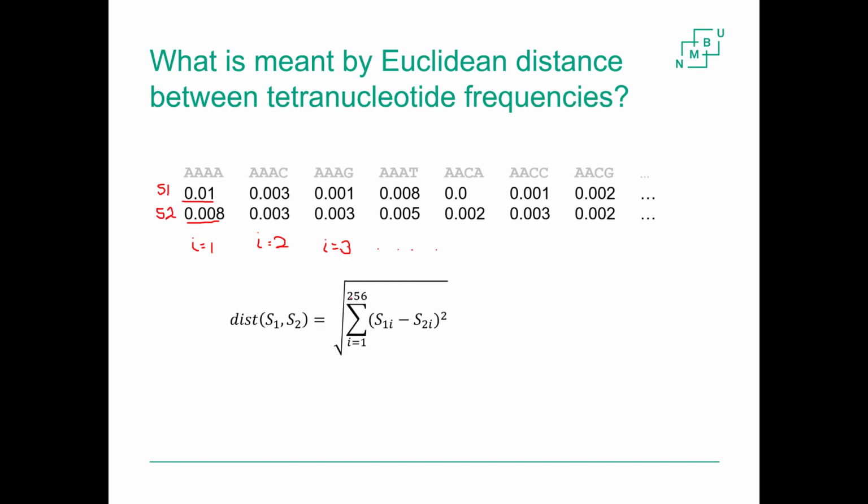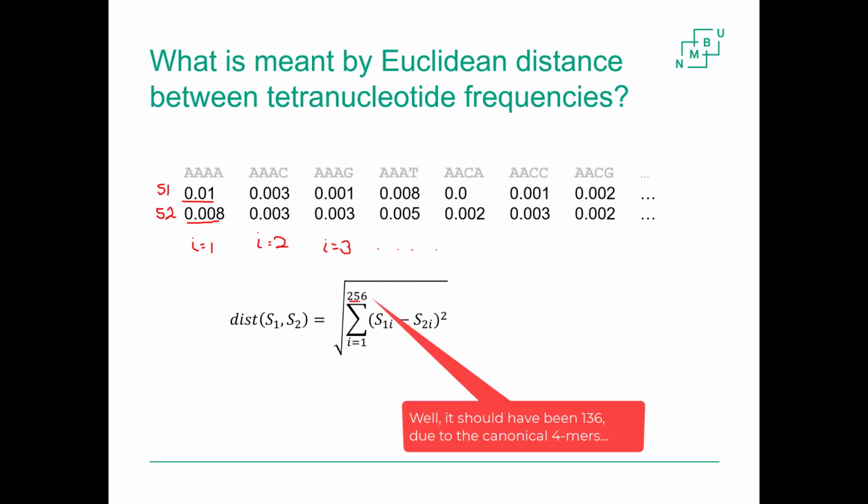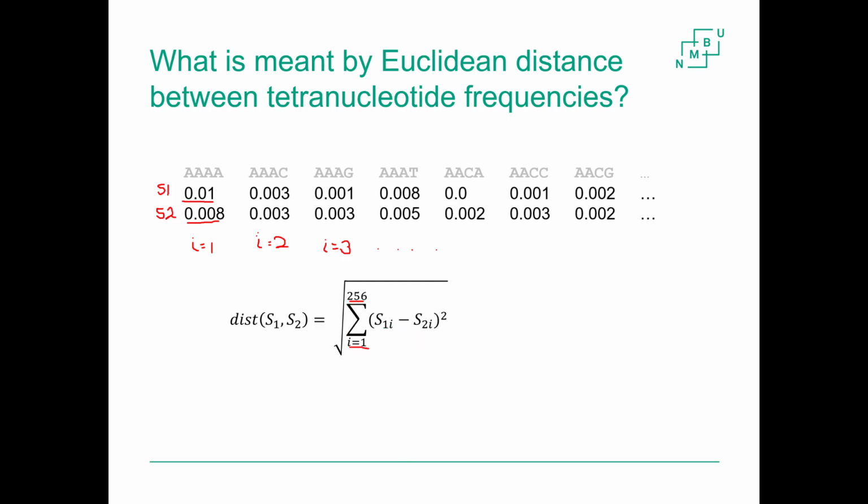And there are 256 tetramers, right? So that's why i goes from 1 to 256. In each case, we simply take this number minus this number, and we square it. And then we add to this exactly the same thing. We take this number minus this number, squared again, right?